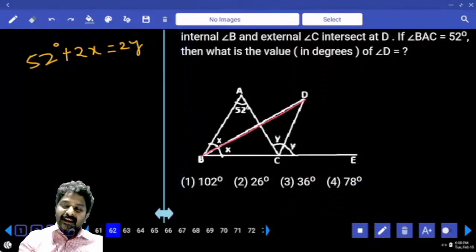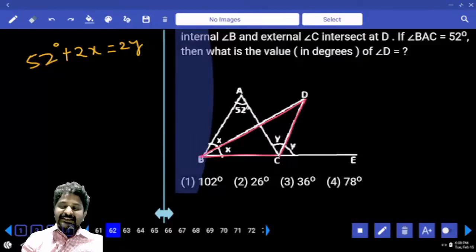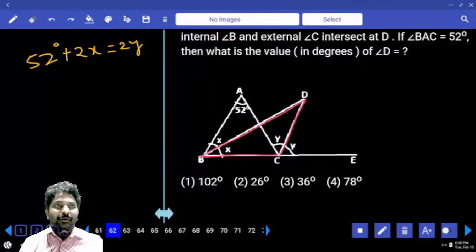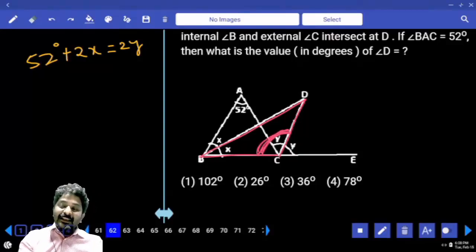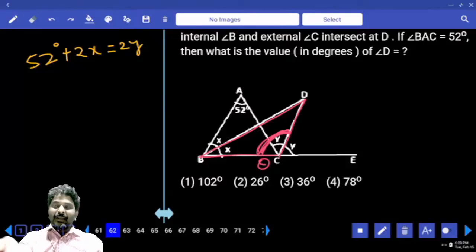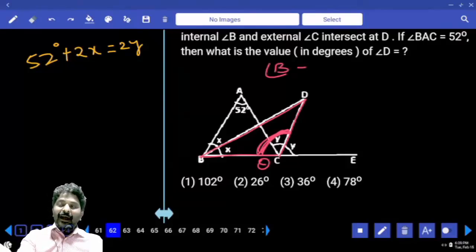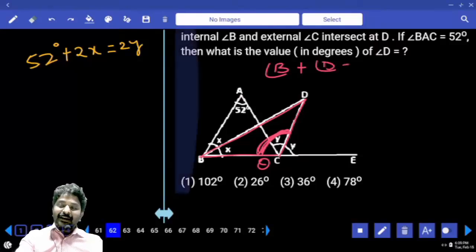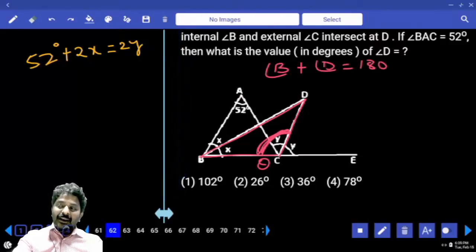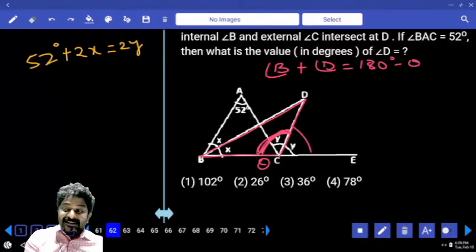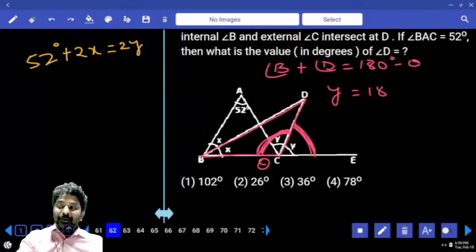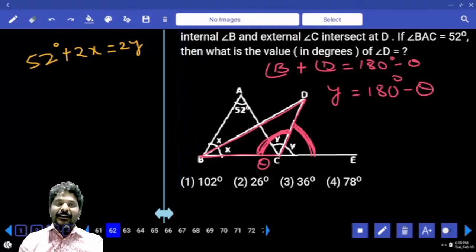Now change the triangle. I'll consider triangle BCD. Now here, angle at C for the entire triangle BCD, if this value is equal to theta, angle at B and angle at D must be equal to 180 degrees minus theta only. And the other angle, y, also must be equal to 180 degrees minus theta only.